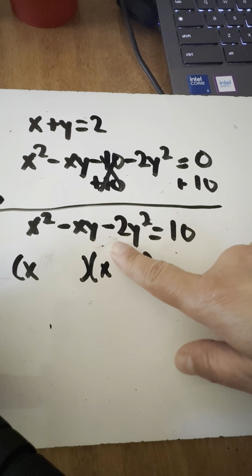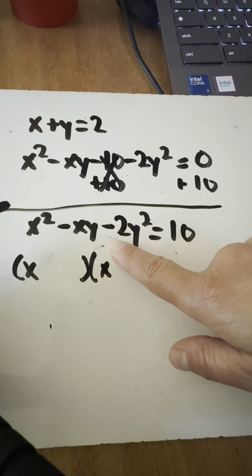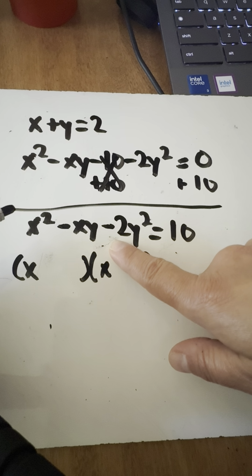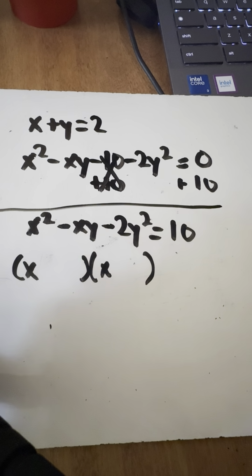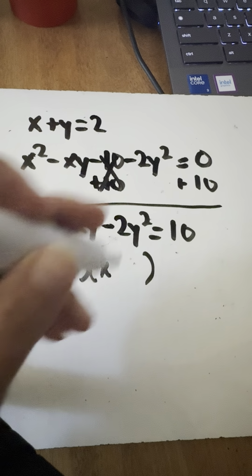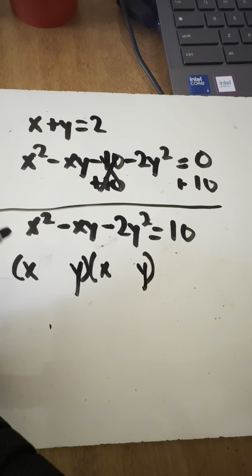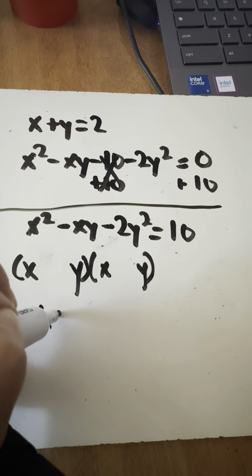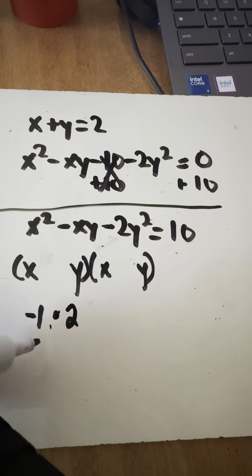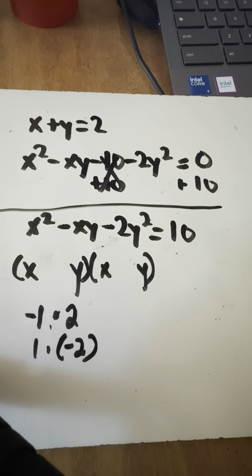The end here results in a negative number. We know they're both going to be y's, so we're going to put y's here. So the factor pairs have to be a negative 1 times a positive 2, or a positive 1 times a negative 2.